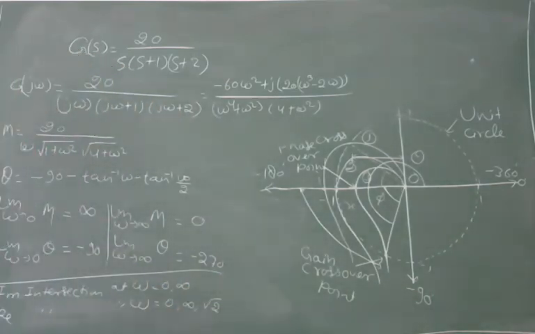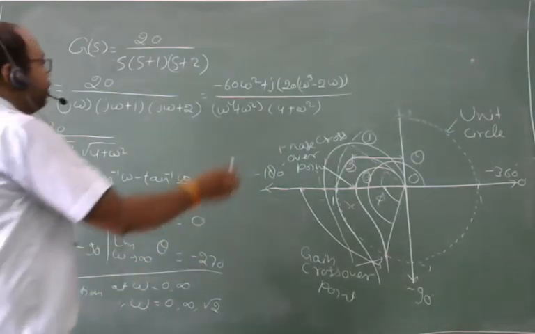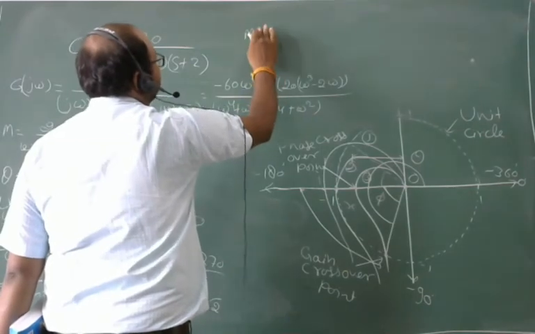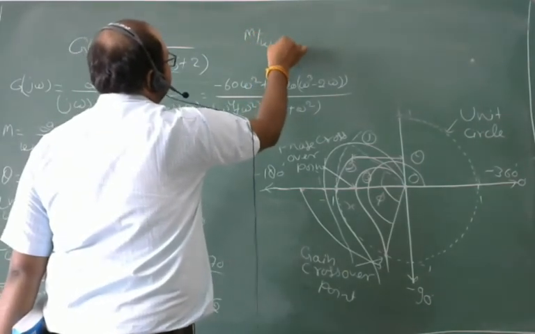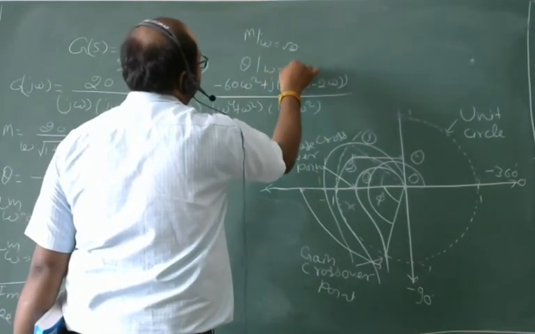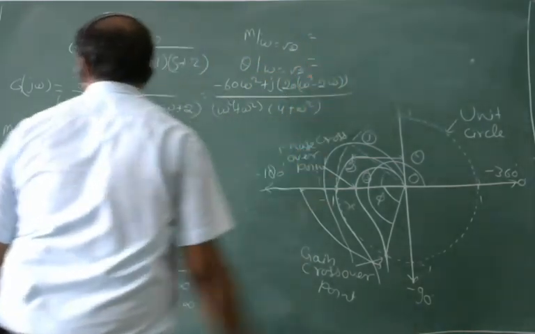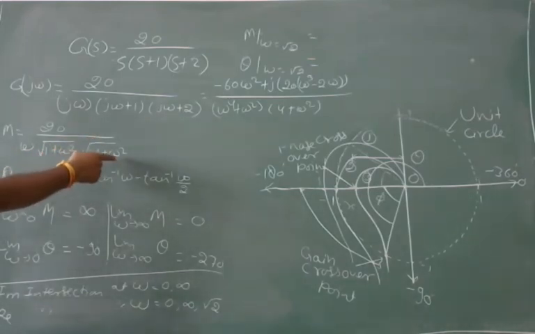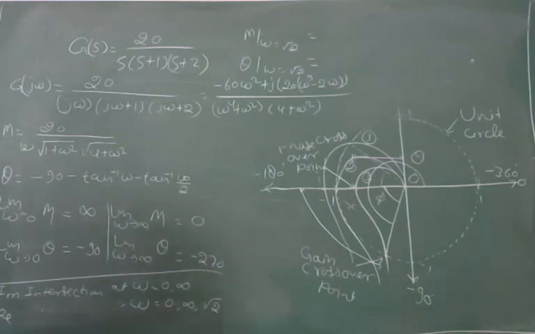And what is the value of M and theta at omega equal to under root 2? At omega equal to under root 2, M will be 20 divided by root 2 times root 3 times root 6.